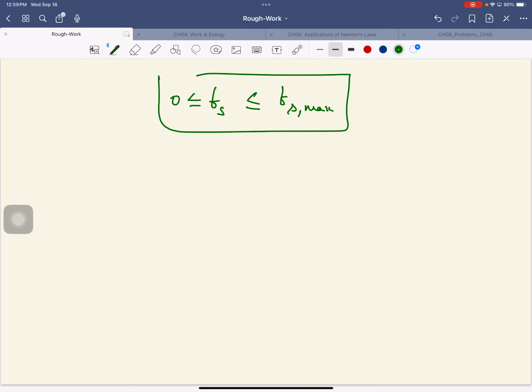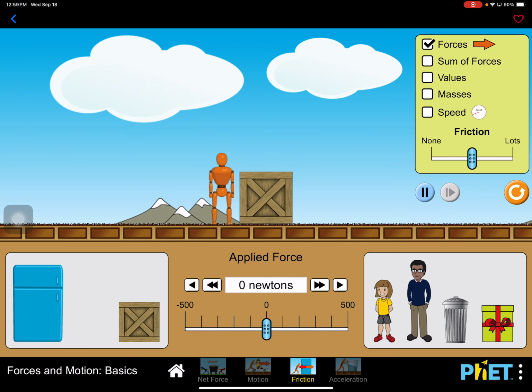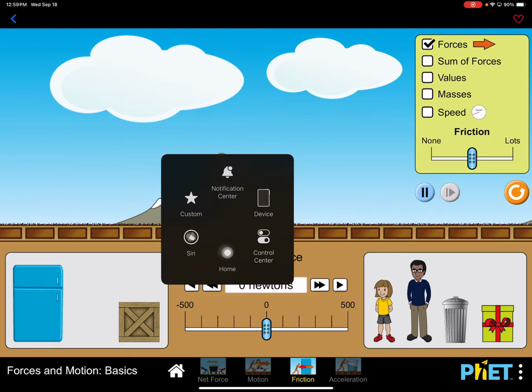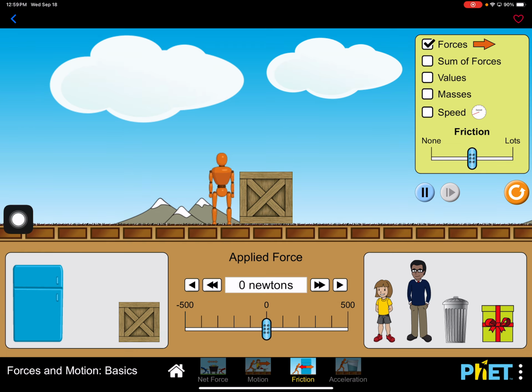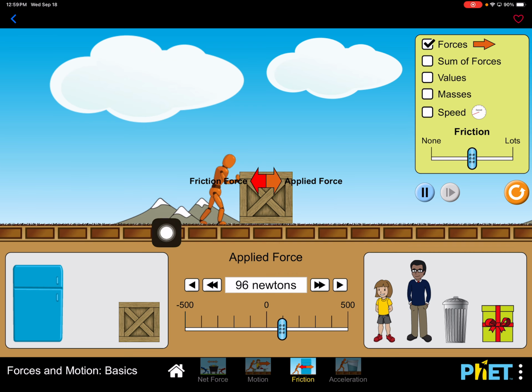Okay, so let's go back to our app and find out what the maximum static friction force is. Okay, so 96 newtons.